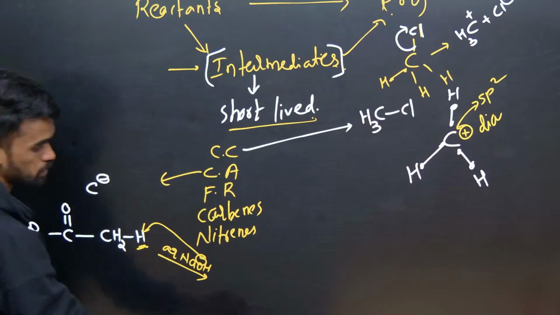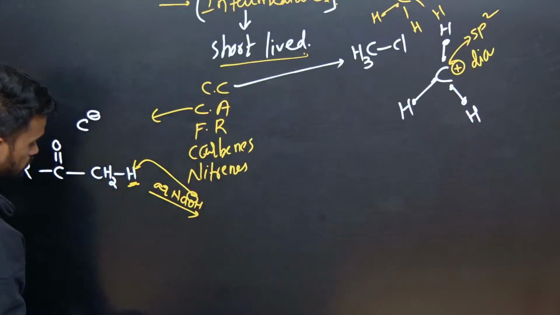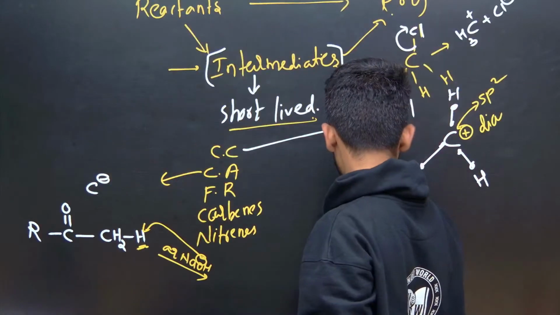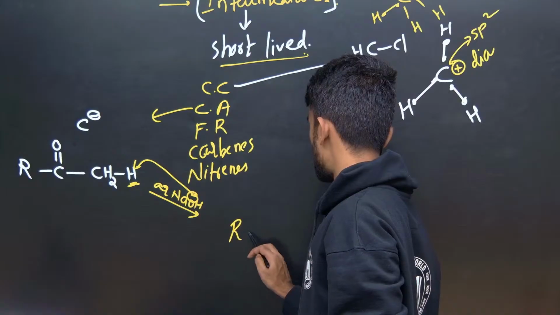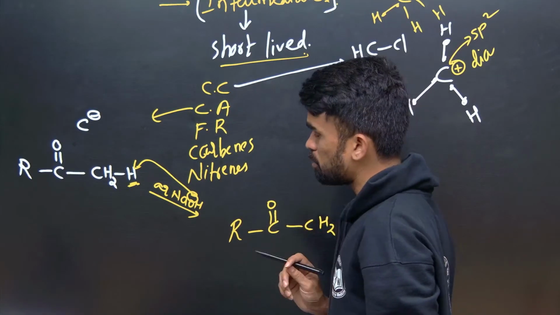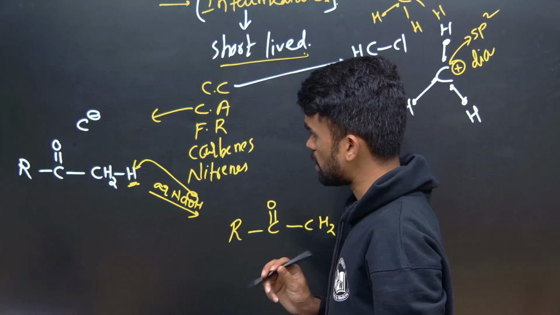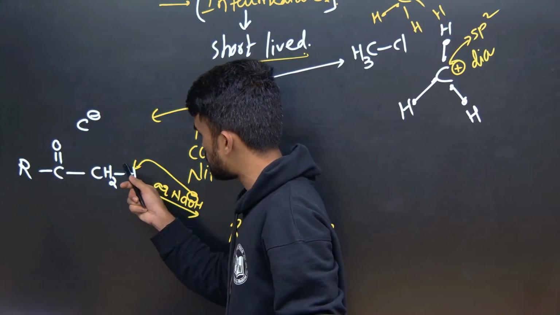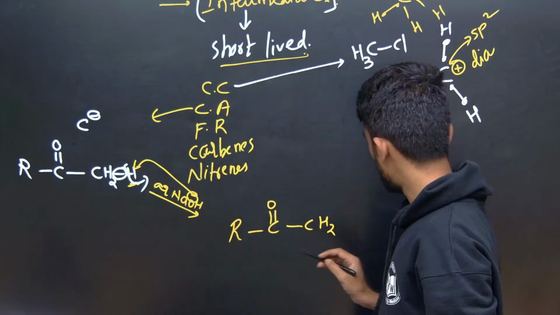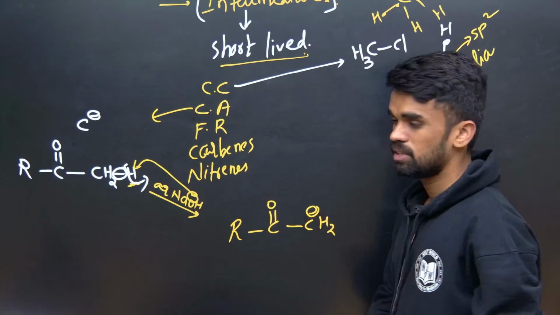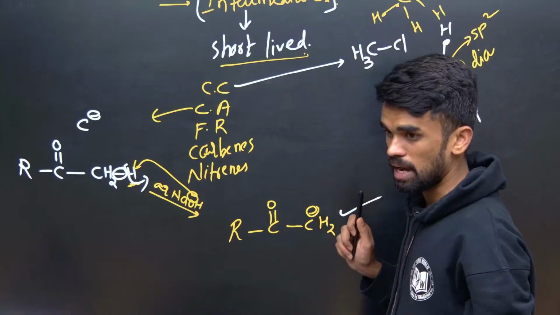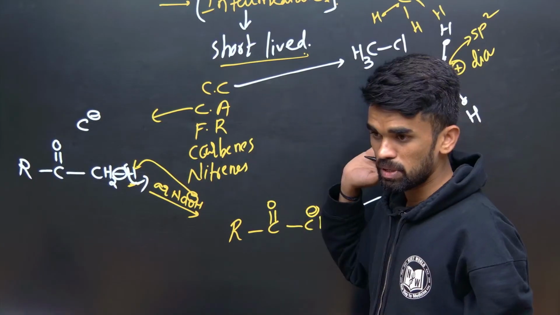So what is the remaining species we have here? Tell me, what is the remaining part? R, C double bond O, CH2, and what is the charge on carbon, positive or negative? Once again look, it is the H plus ion only that is leaving. It means these bonded electrons are staying with carbon, so that should be represented with a negative charge. So this is a carbanion. Yes, we can say this is a carbanion. This is one of the examples for carbanions.